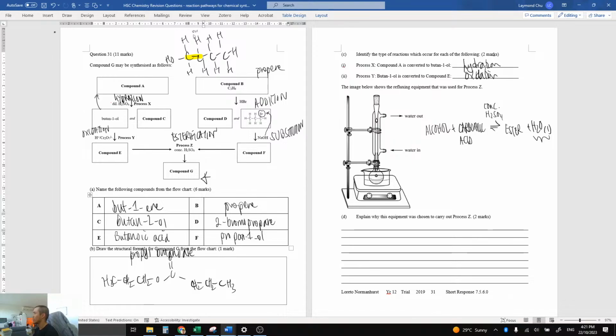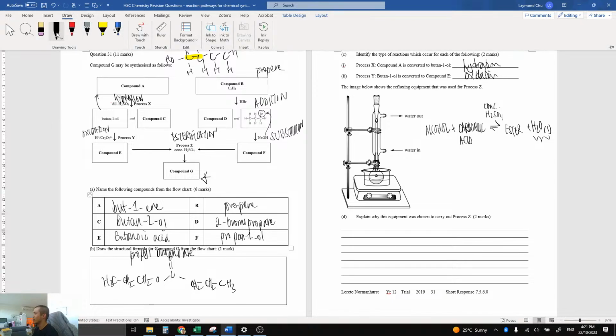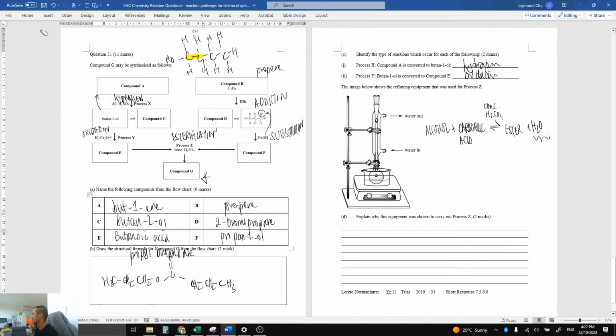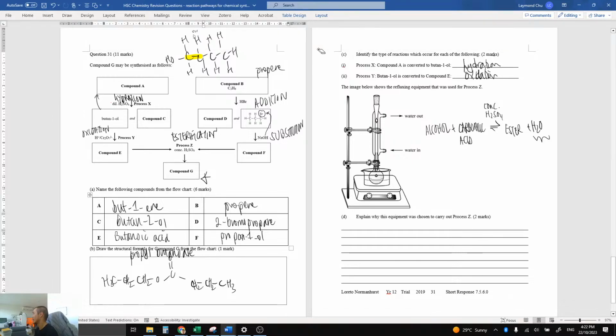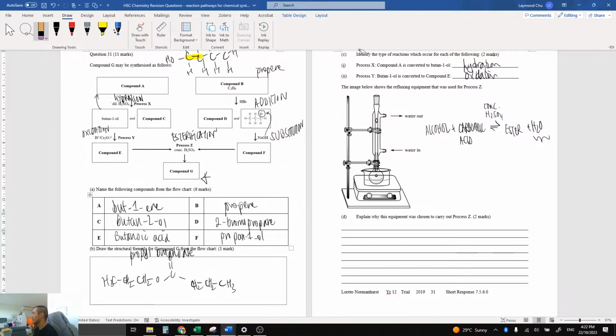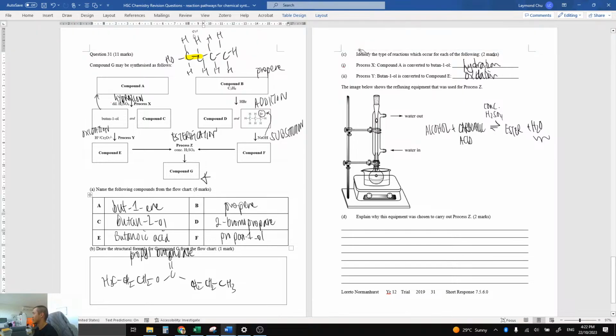Now this water, I'm just going to leave the state because we know that water liquid is not part of the equilibrium. But imagine this wasn't liquid water, this is gaseous water. The concentrated sulfuric acid is a dehydrating agent, right? We know that from our other reactions where we have to dehydrate our alcohols to give us our alkene.